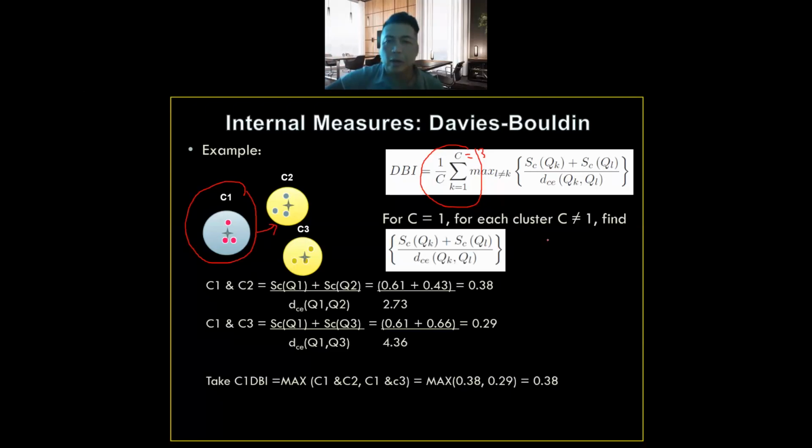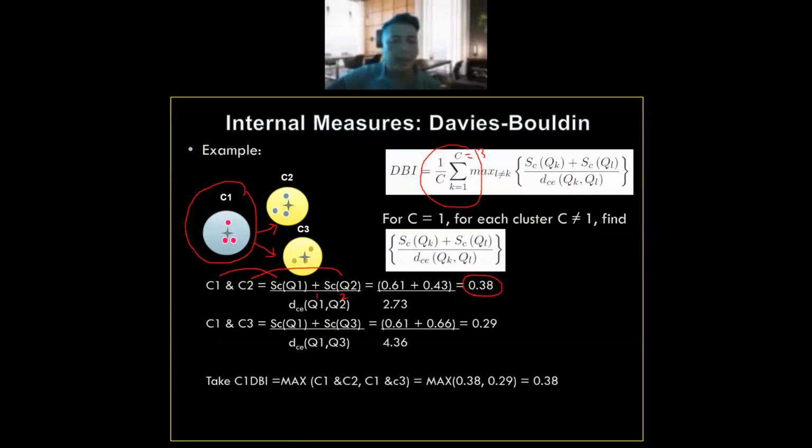The formula that we are looking at here is the compactness of cluster 1 and also the compactness of cluster 2 over the distance between cluster 1 and cluster 2. We have all the values computed earlier, so we just plug in, and for C1 and C2 we have 0.38. Okay, and now I'm doing it for C1 and C3 again.